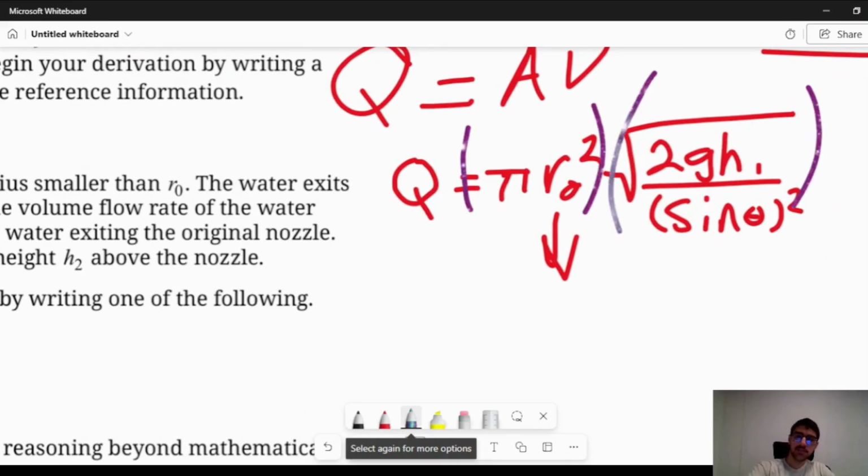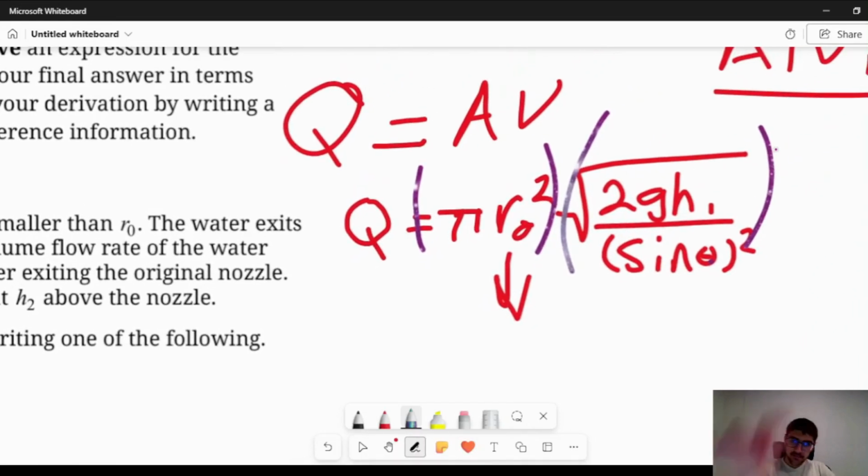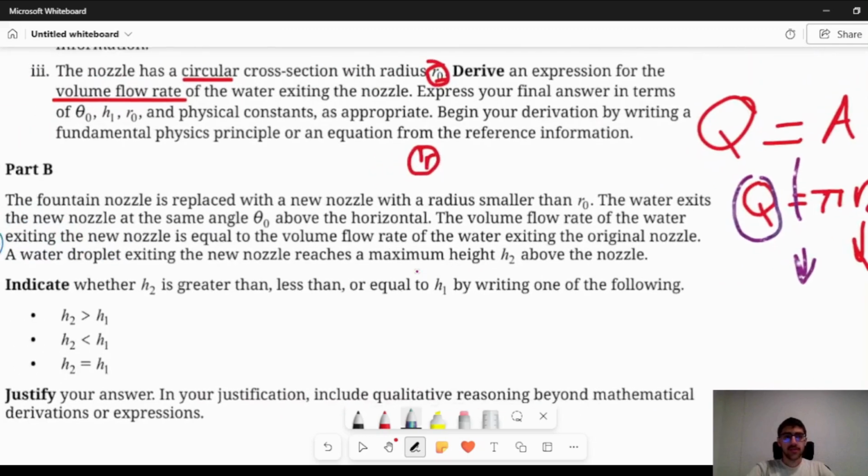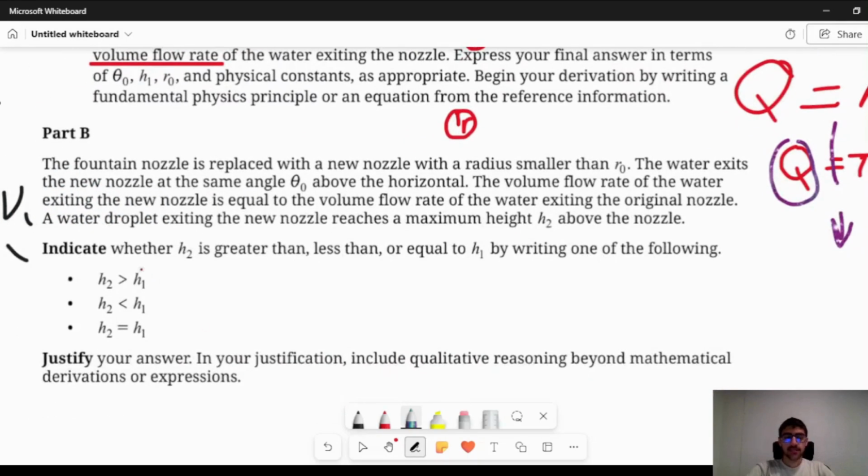If this term goes down because radius goes down, g is the same, theta is the same, so this whole term is going to be a smaller number, and this term has to be a bigger number. Because g is conserved, 2 is a constant, theta is conserved, everything is conserved except for h. h is going to have to increase in order to counteract the decrease in radius, in order to keep Q, our volume flow rate, the same. So we're going to indicate that h2 has to be greater than h1.